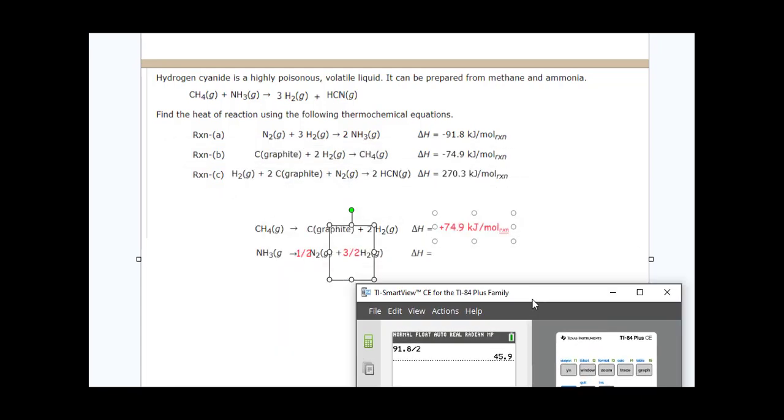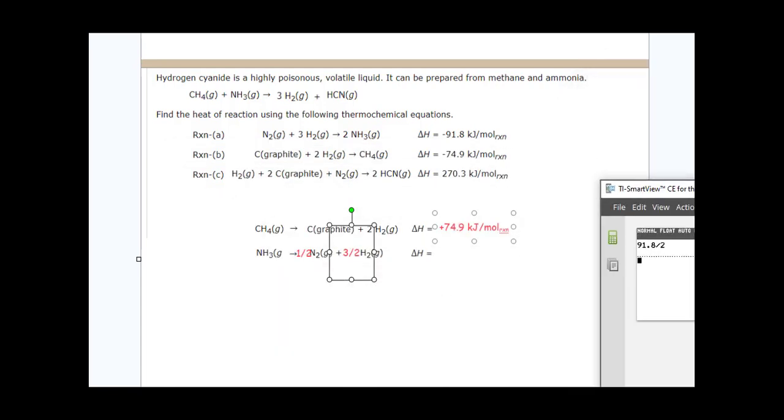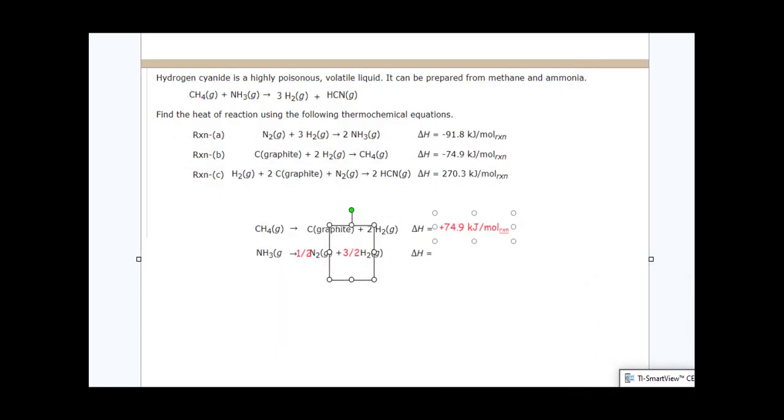Oh yeah, that makes sense. But let me get it going here and pick up my new, I guess you could call it new enthalpy. For this new reaction, I have to dump in 45.9, half of this, to make half as much material.